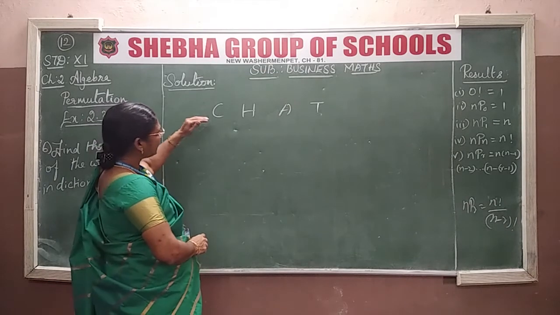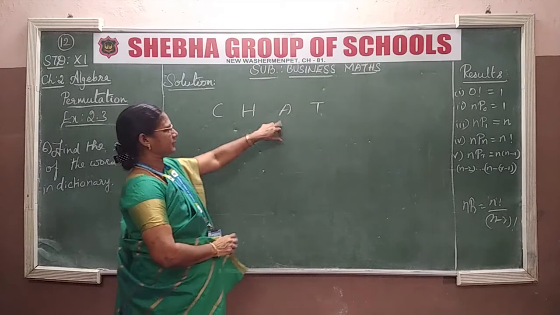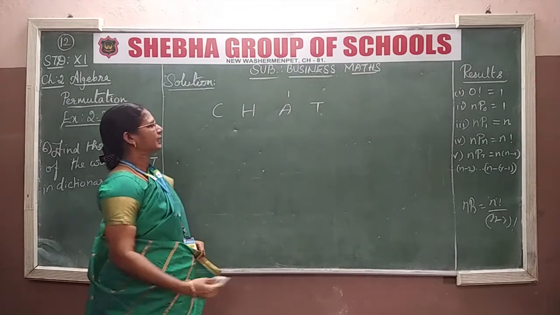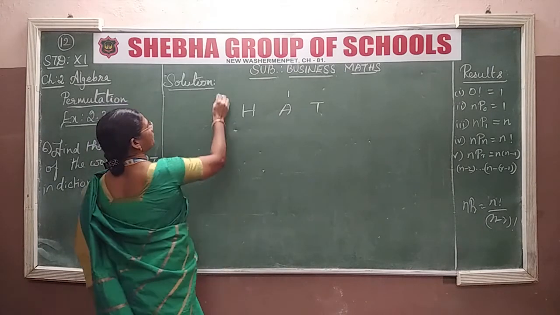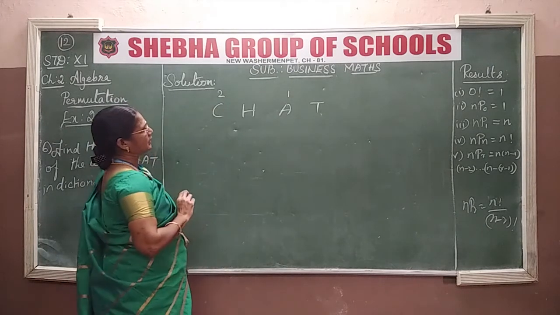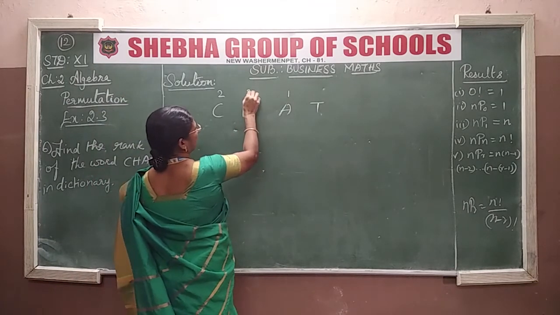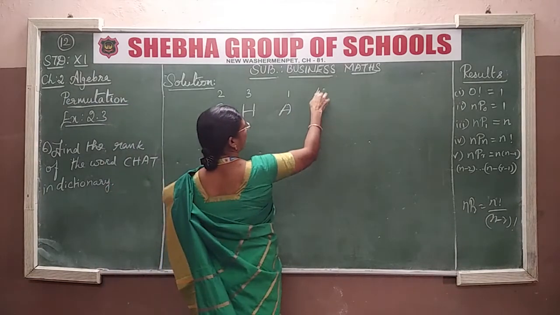In this word CHAT, which comes first in the alphabet? A. So for A we put 1. Next, after A which will come? C. So I am putting 2 for C. After C, what will come? H. So we put 3 for H and 4 for T.